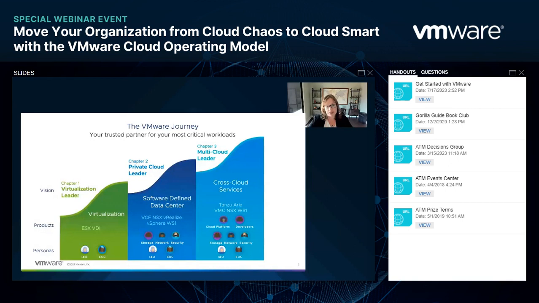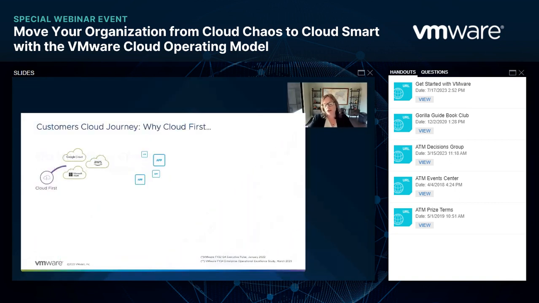We understand your enterprise. 80% of your enterprise workloads already work on VMware, on our vSphere platform. And we work with more and more personas within your organization than ever before. So now we're working closely with your cloud platform team, with your cloud center of excellence, and with your developers to really bring a holistic set of solutions to simplify the complexity of multi-cloud so that you can focus on delivering solutions to your own customers.